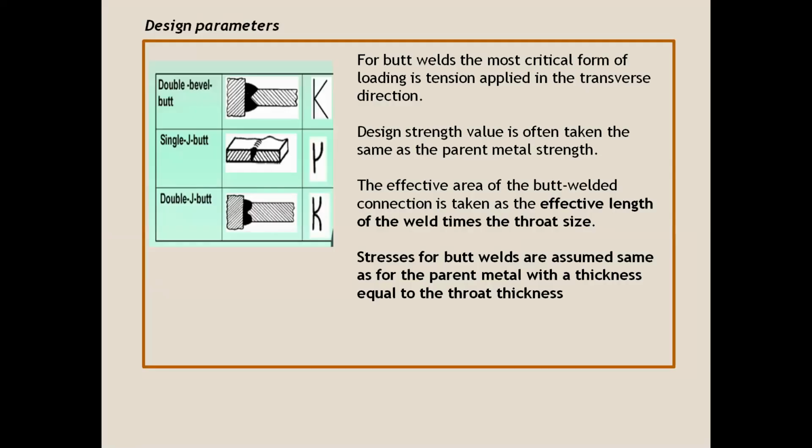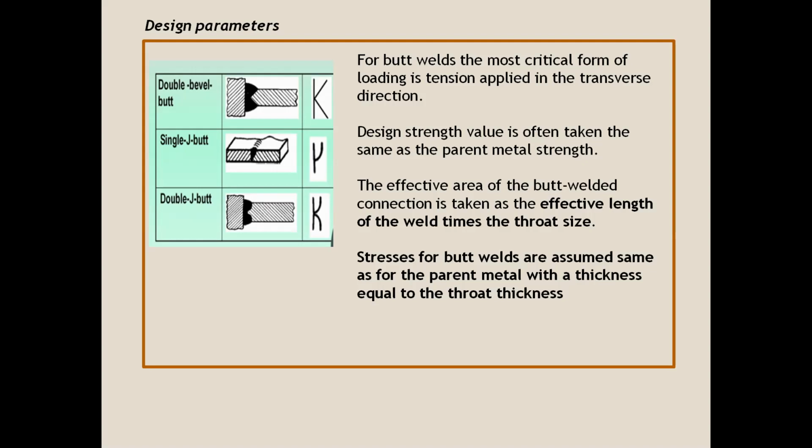For butt welds, the most critical form of loading is tension applied in a transverse direction. See the double bevel butt, single J butt, double J butt. The design strength value is often taken the same as the parent metal strength.